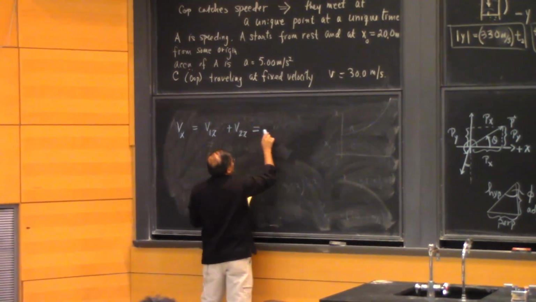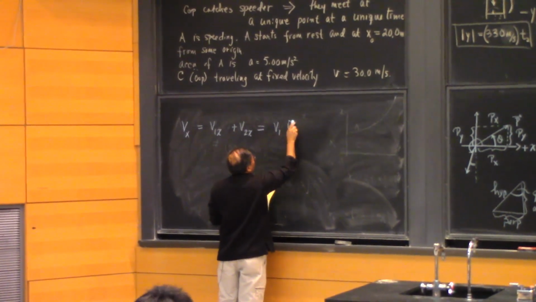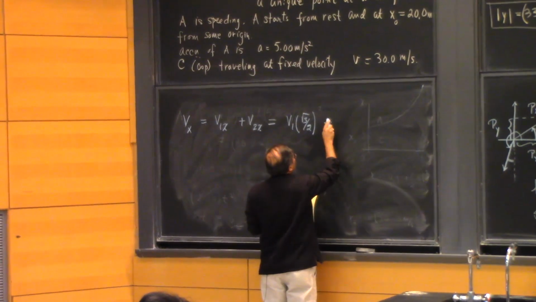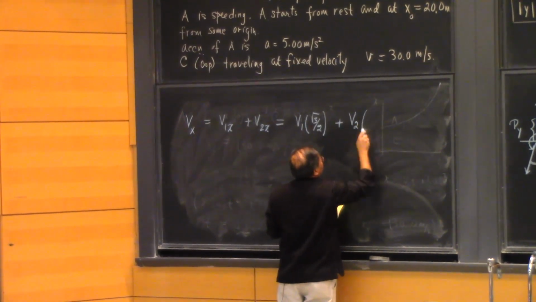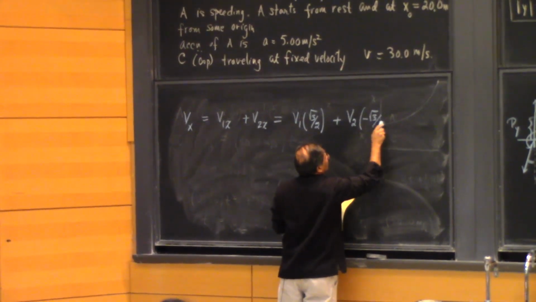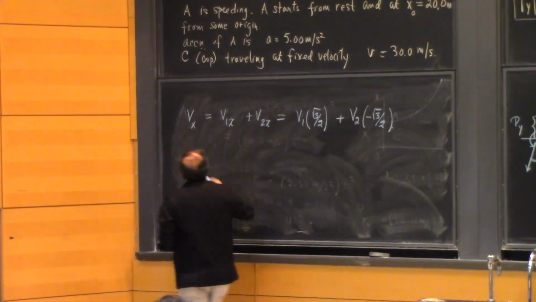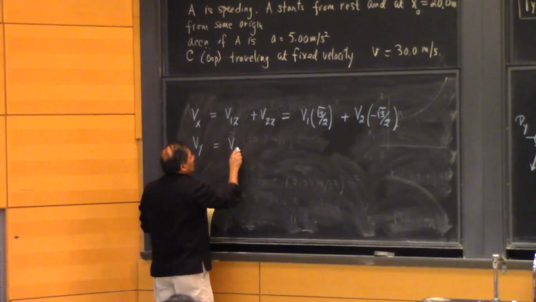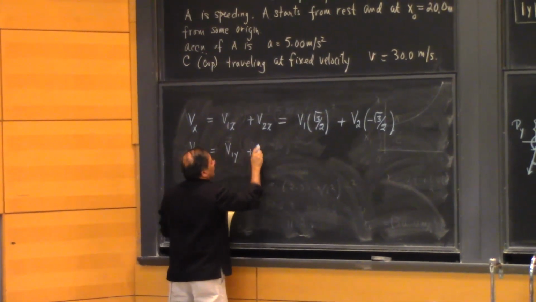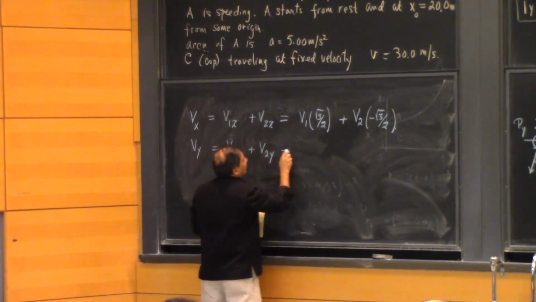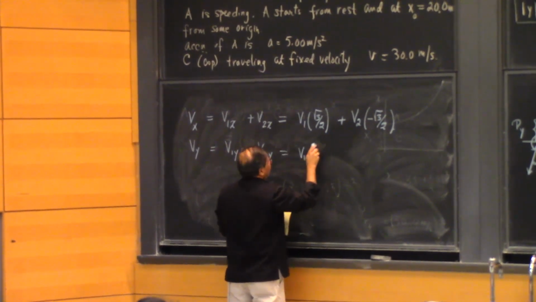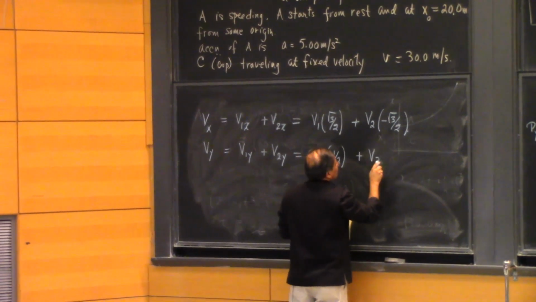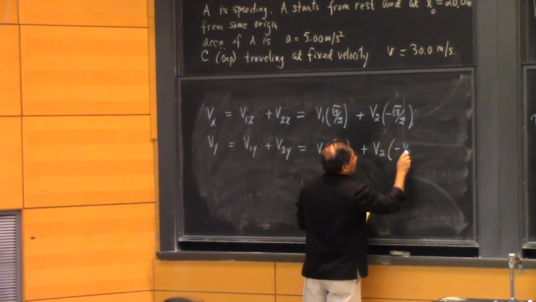So if I put in the values, it will be V1 times root 3 over 2 plus V2 times minus root 3 over 2. Likewise, Vy will be V1y plus V2y, and that will be V1 times a half plus V2 times a minus half.